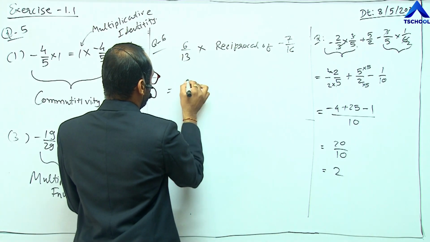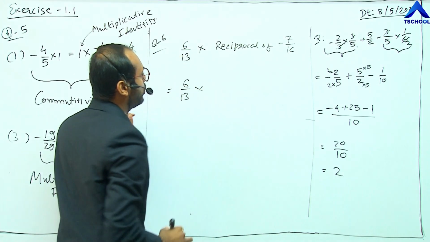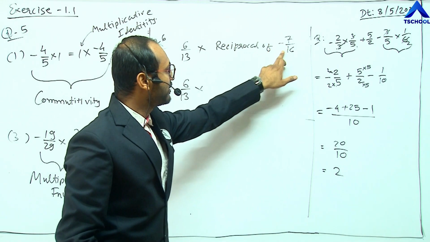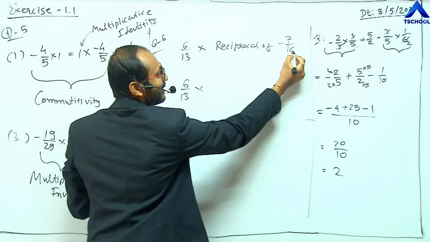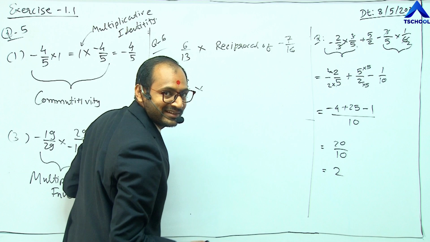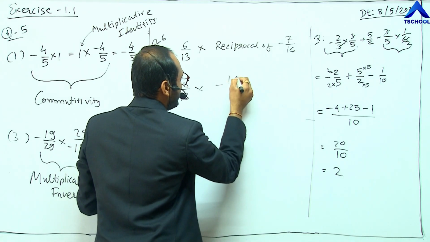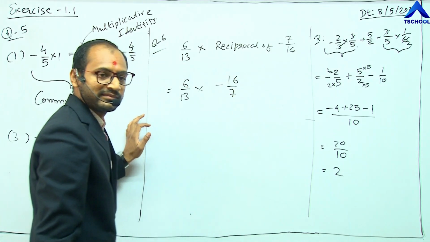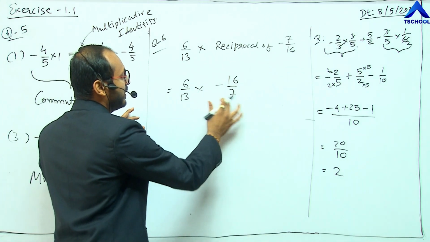So 6 upon 13 into the reciprocal of minus 7 by 16, what is the reciprocal? Yes, minus 16 by 7. Clear? Now what is this multiplication?